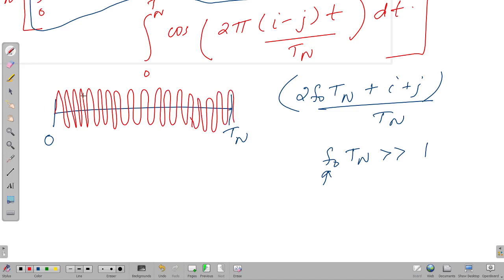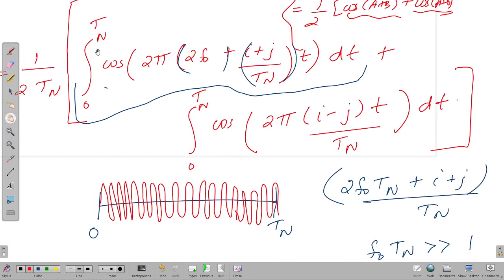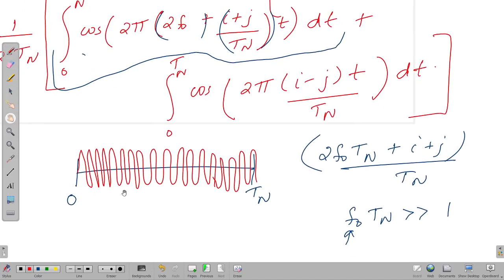There will be a large number of cycles from 0 to Tn, and if you do this integration from 0 to Tn, the answer you are going to get is 0, because you will have equal positive areas as well as negative areas.